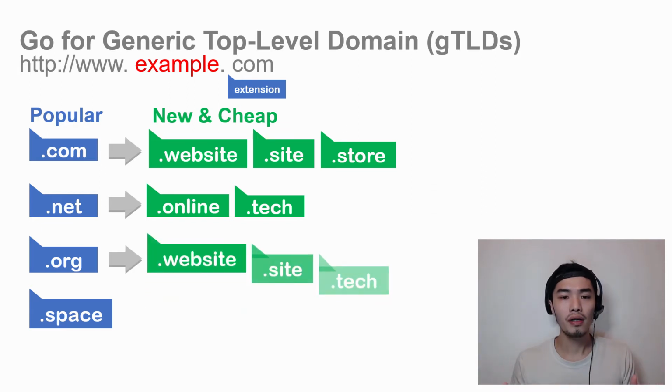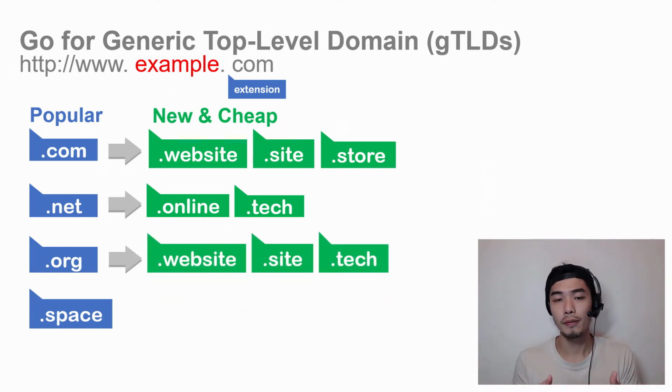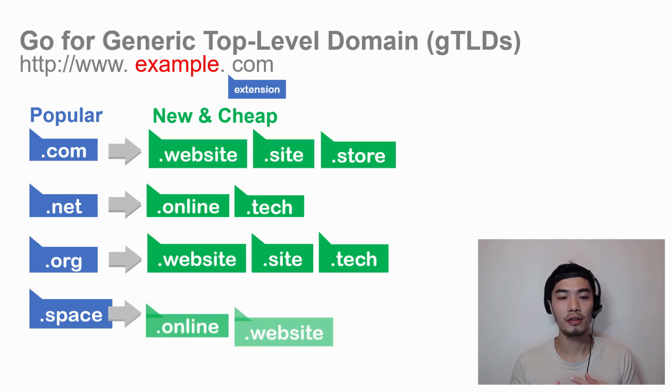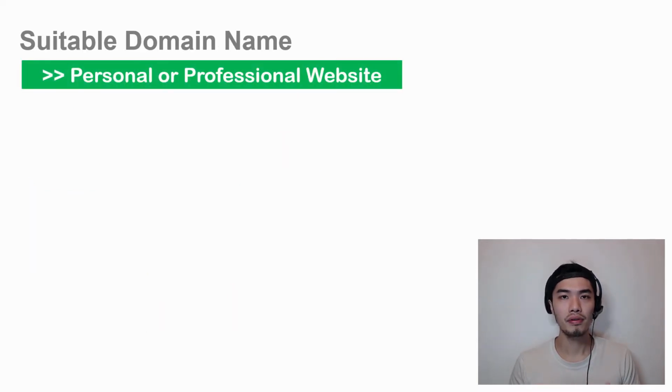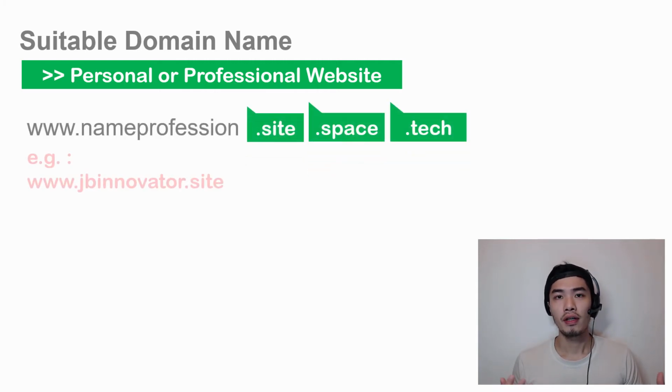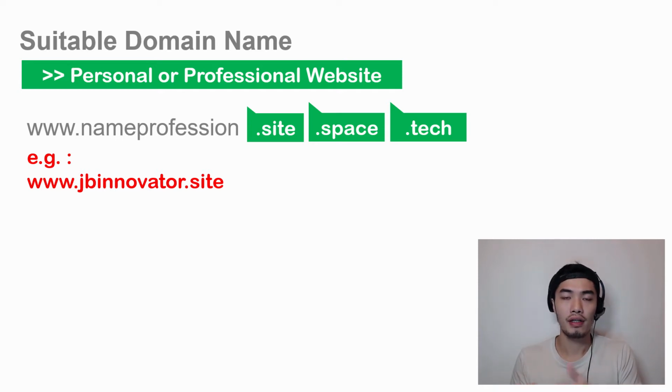So for .org, you can choose .website, .site, and .tech. While for .space, you can go for .online, which is something like a personal website, or .website, which can be used for totally anything.